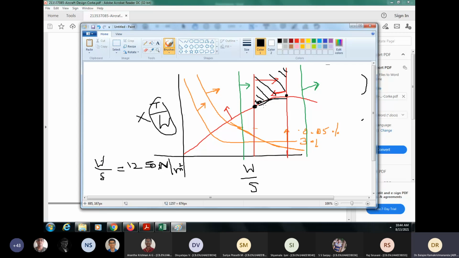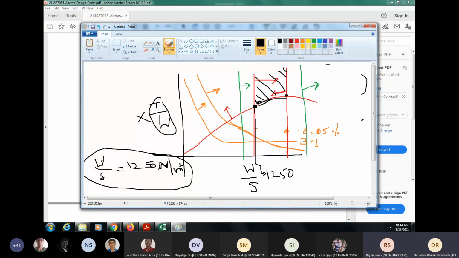At this point, what is the wing loading? Where I selected, maybe 1250. This point, from the graph. I want this number as the output of this exercise, after going through all this.